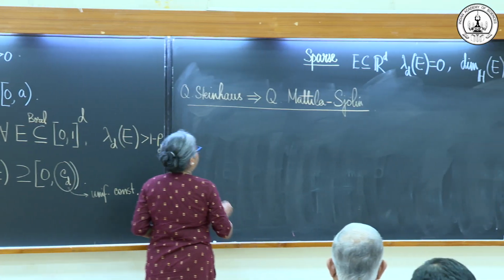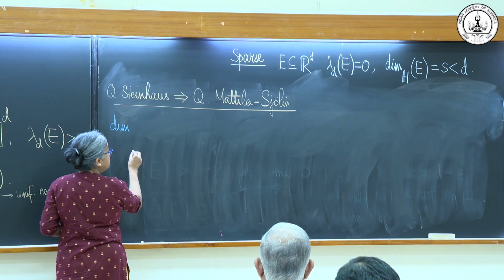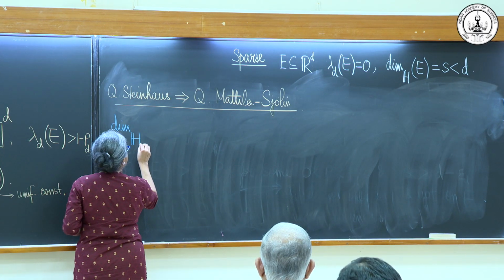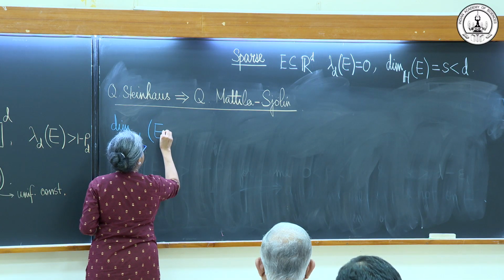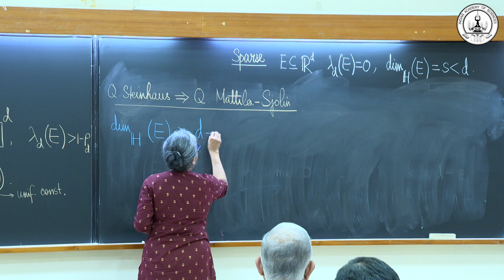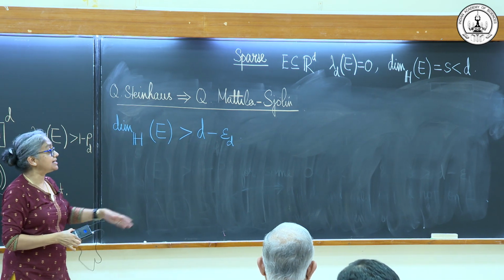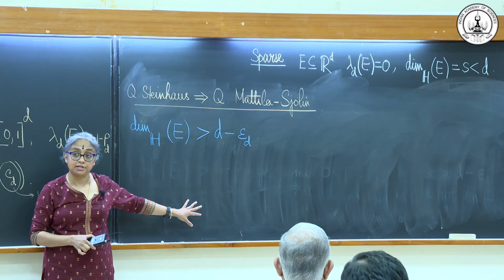So it says the following. Suppose you have dimension. There are certain places where our result will fall short, and you will see it soon enough. So suppose that this is larger than d minus epsilon sub d. Remember our earlier result had a rho sub d and an epsilon sub d.